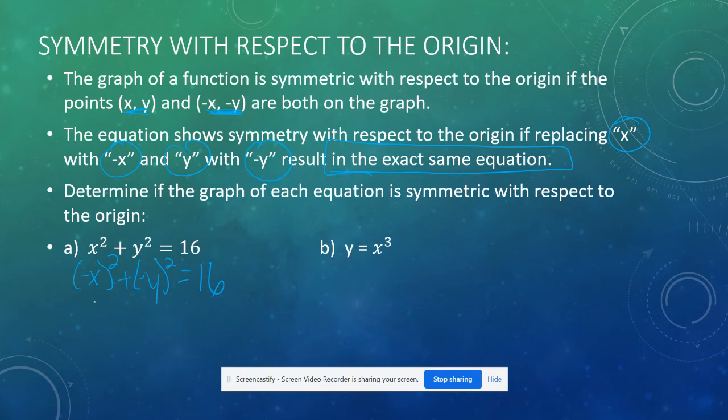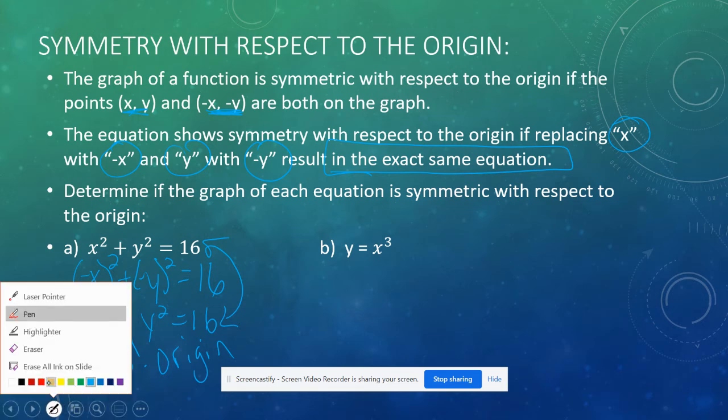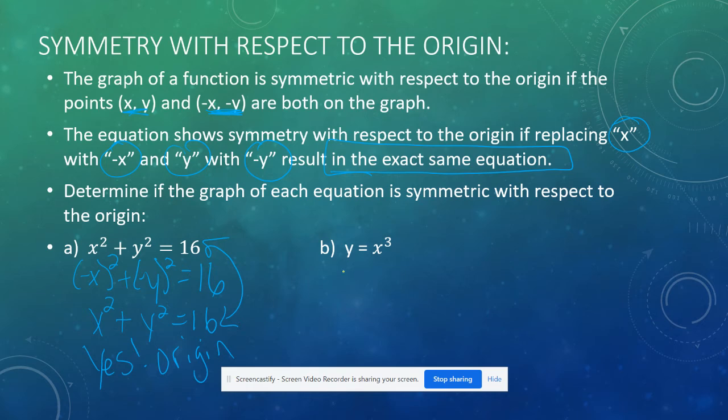Simplify this, a negative x times a negative x is a positive x squared. A negative y times a negative y is a positive y squared. And so when we check the original with the new one, then yes, this has origin symmetry. If we check this second example, we have negative y and negative x.